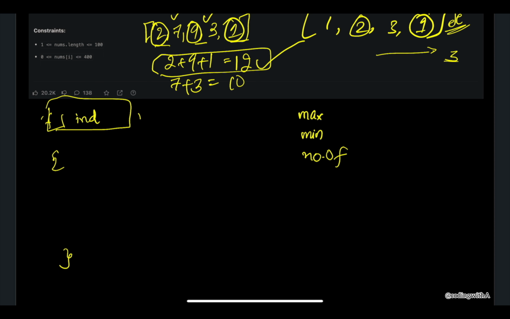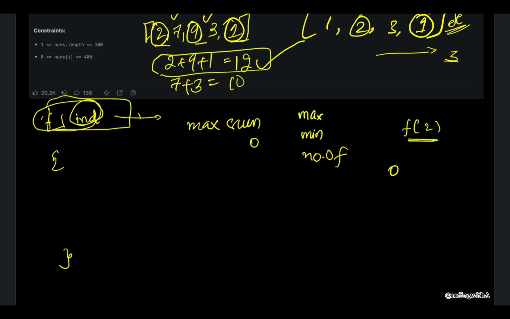We should represent this index in such a way that the function returns the maximum sum till this particular index from 0. So f of 2 will return the maximum sum of non-adjacent elements from index 0 to 2. If it's f of 10, it will return the maximum sum of non-adjacent elements from 0 to 10.